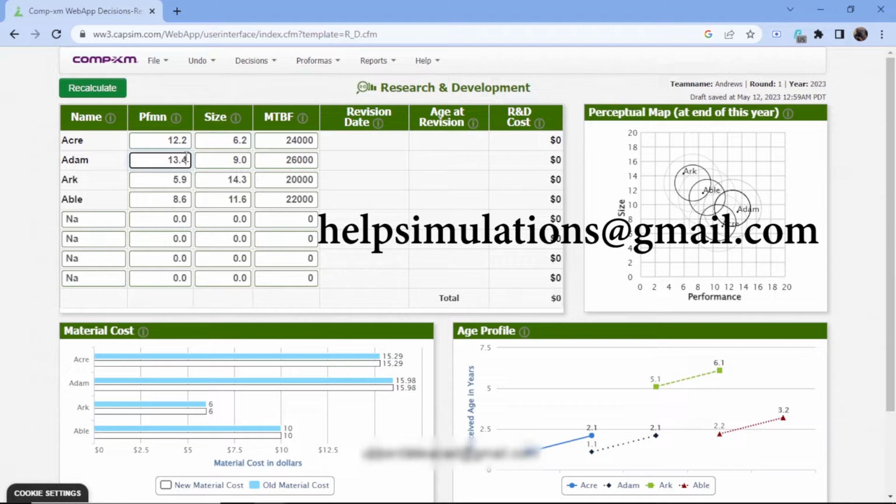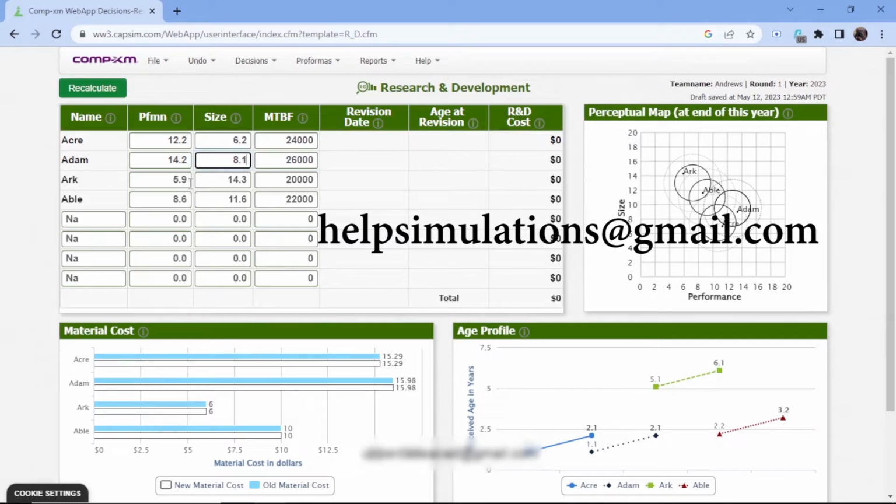Adam is in the elite market segment. So I'll give it a performance of 14.2, a size of 8.1, and again here I'll not touch my mean time before failure.